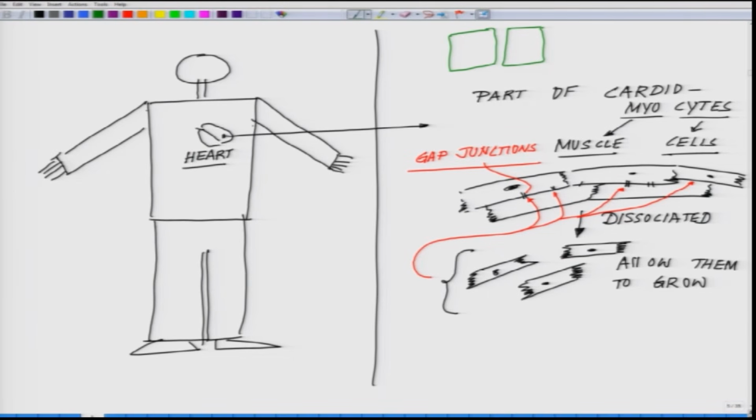Now, if I put some connector like this, these two rooms can crosstalk with each other, right? These connectors are called gap junctions in technical terms, and these are nothing but proteins. These are membrane proteins which form these kinds of junctions.